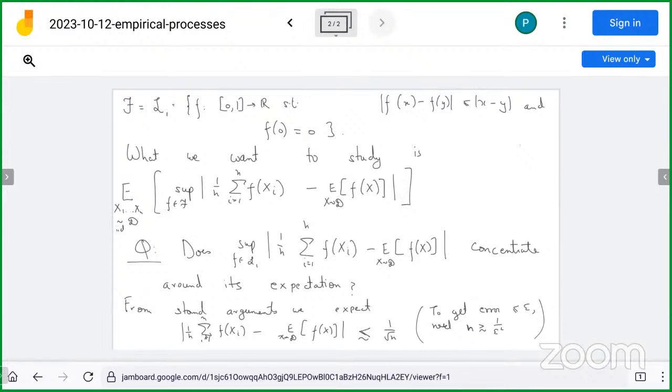But how will you get anything better than this? You should not, because just think about it. t is the threshold. Suppose I make the threshold 1 over root n, this thing is going to give me a constant. If you make t very small, then the other one will be a constant.